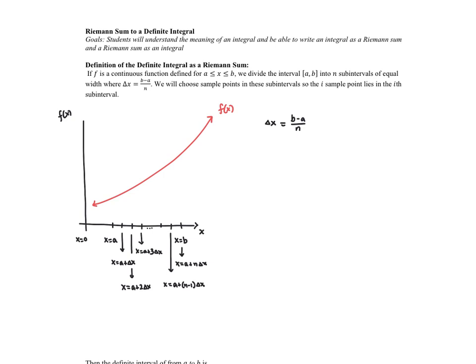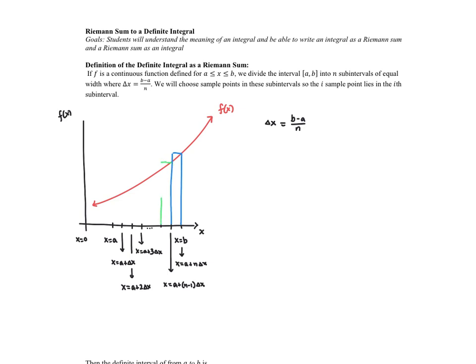Okay, so let's draw these out. I'm going to draw some rectangles, and we're going to do a right Riemann sum. So we're going to go all the way out to b. And there is the nth subinterval. Okay, and then I'm going to go out to the n minus 1th subinterval.